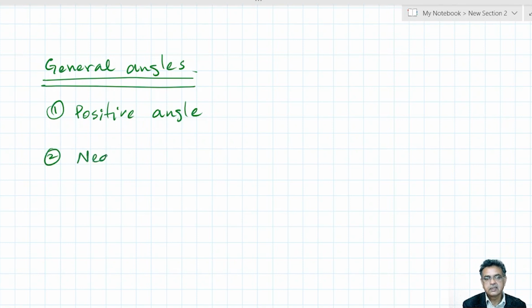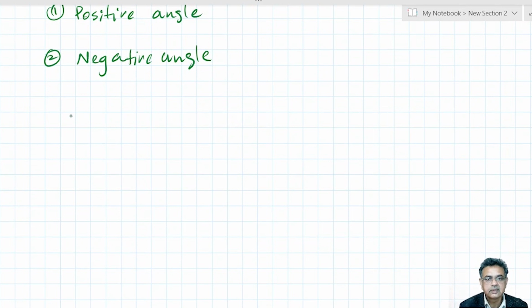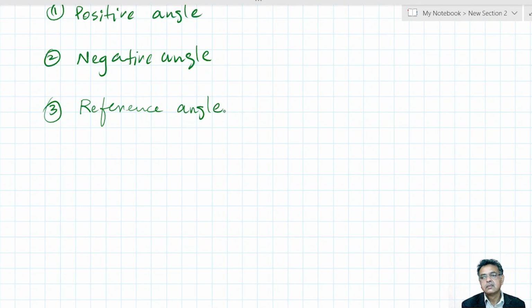Second, negative angle, and the third thing we will discuss is reference angle, or sometimes it is also named as basic angle or associated acute angle.